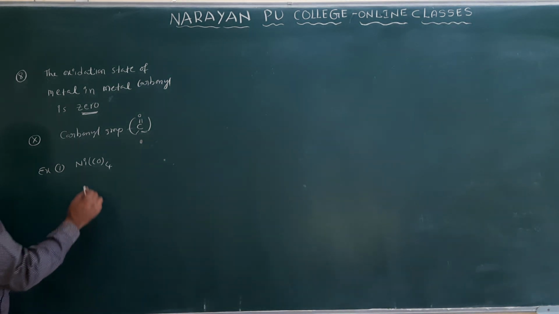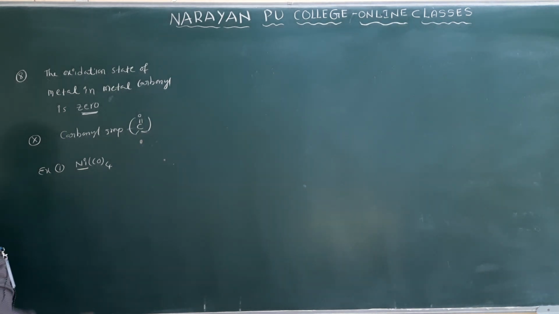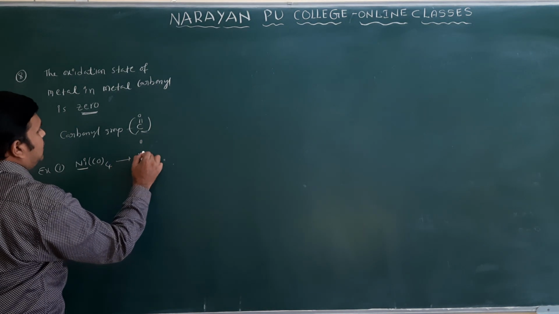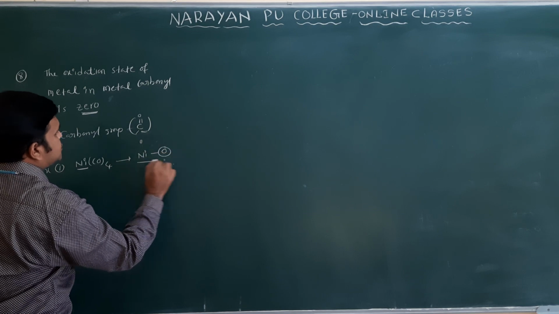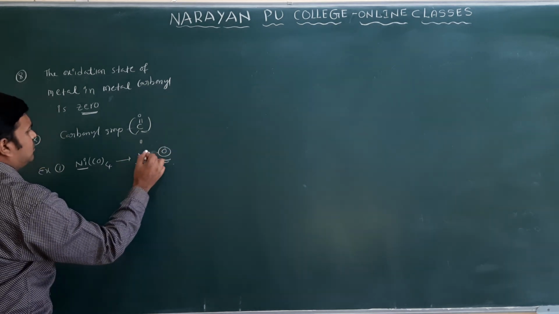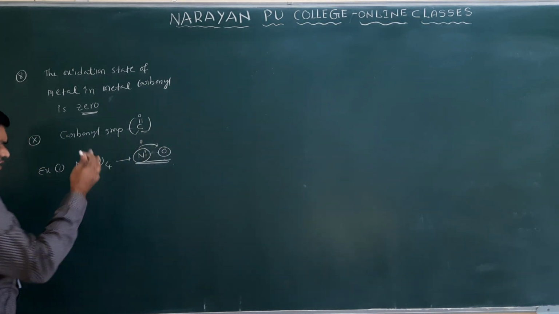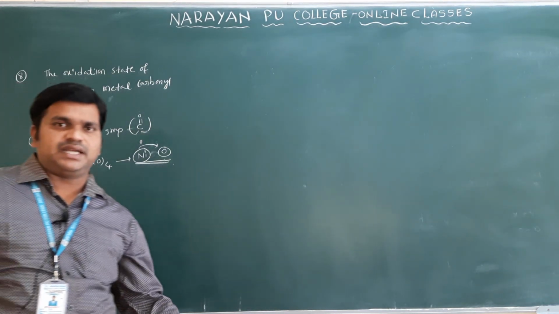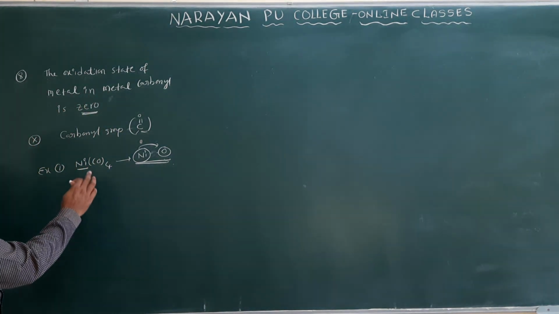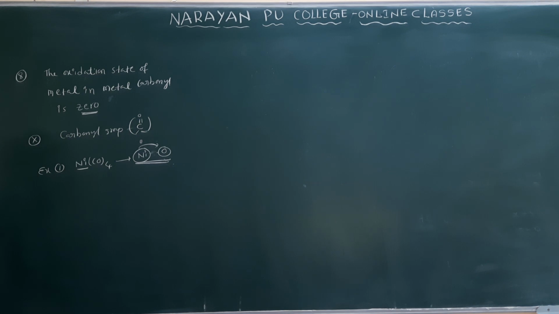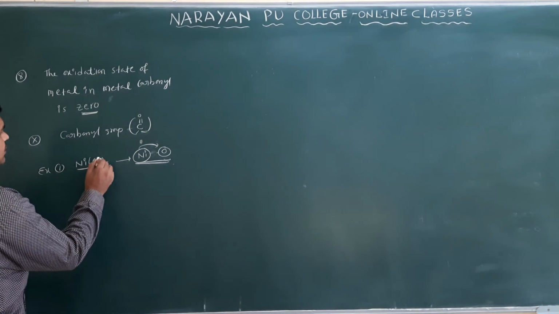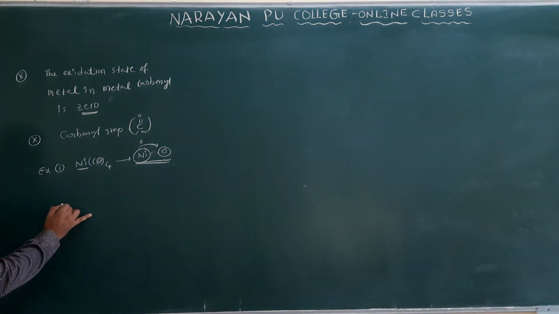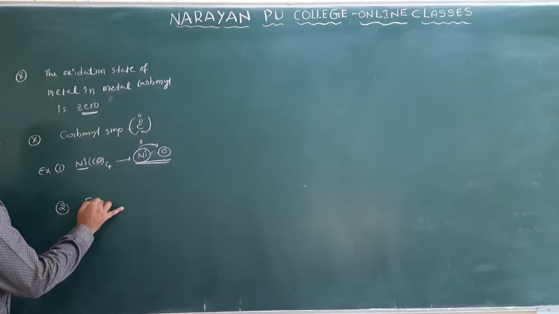What is the oxidation number of nickel? Always 0 only, because CO is a neutral ligand. We will discuss what a ligand is in the second chapter. So if the carbonyl group is present like this, you will always write 0 oxidation number for the metal only.